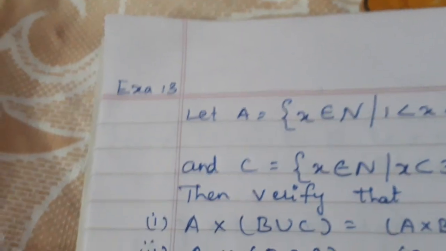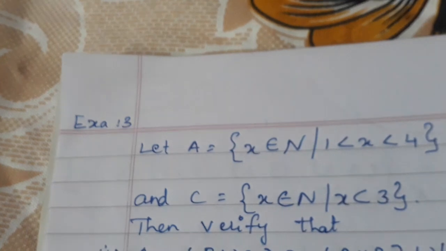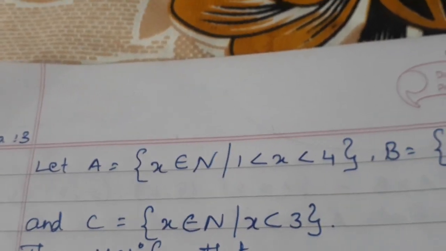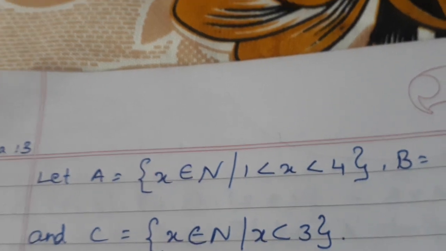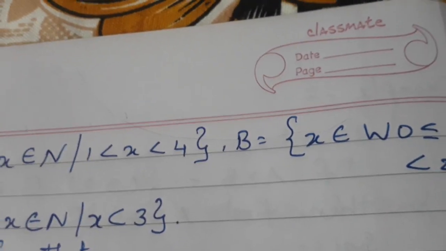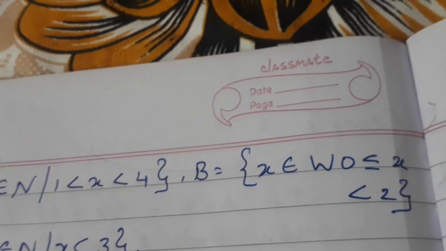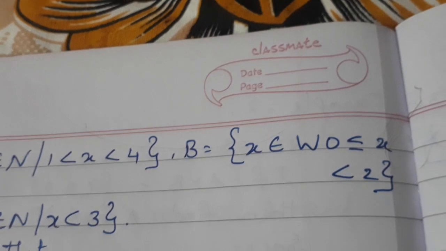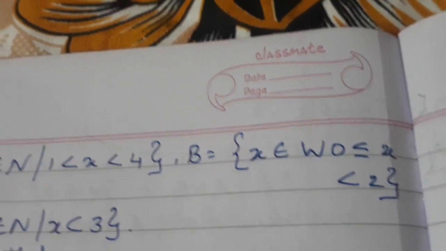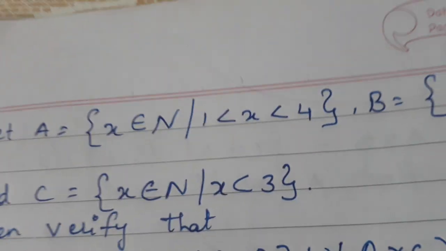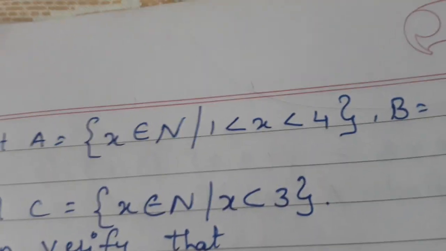So our example 3 is: let A = {x : x belongs to natural numbers, and x is greater than 1 and smaller than 4}, and B = {x : x belongs to whole numbers, x is greater than or equal to 0 and smaller than 2}, and C = {x : x belongs to natural numbers and x is smaller than 3}.